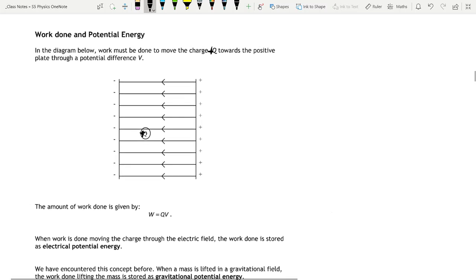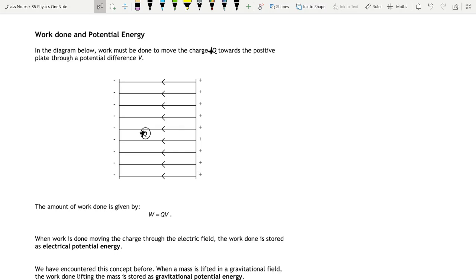In the diagram below, work must be done to move the charge plus Q towards the positive plate through a potential difference V. So you have to put in work to move that. That does not want to go that direction, does it? So if you want to move it, you have to put in a certain amount of work to make it go from the negative to the positive.